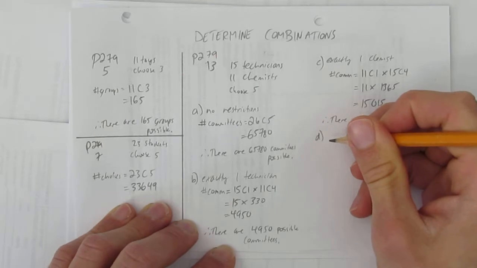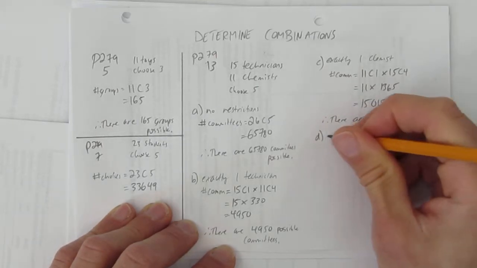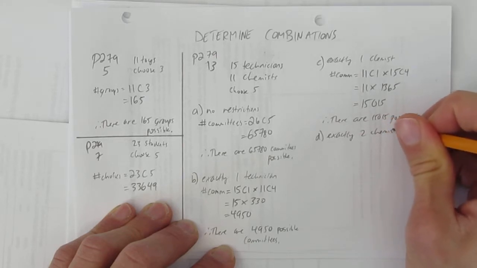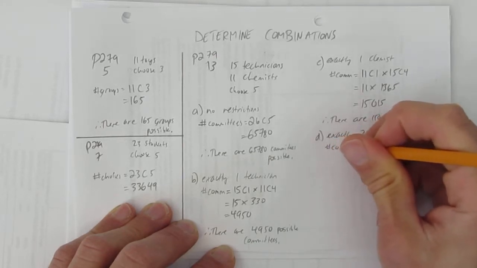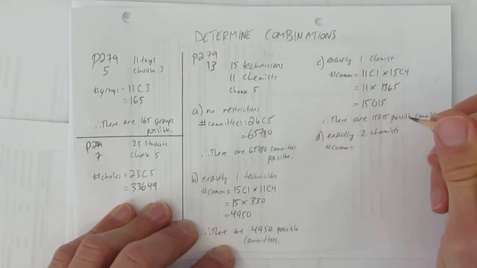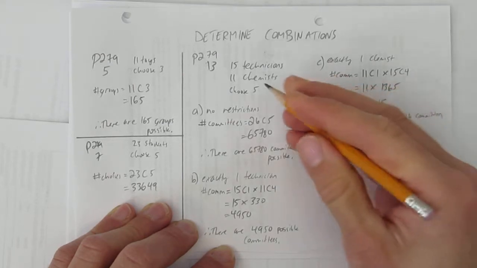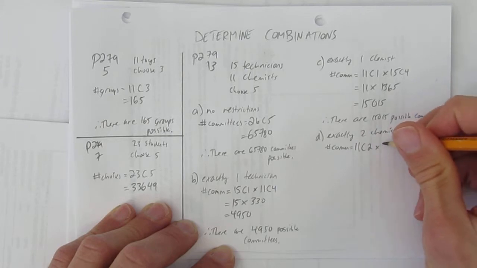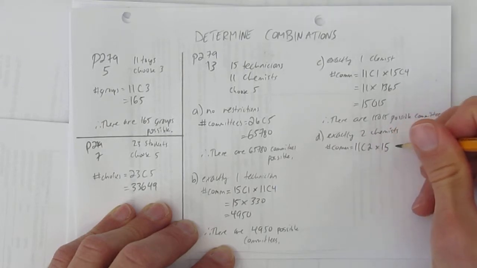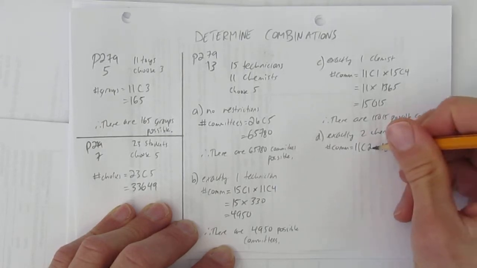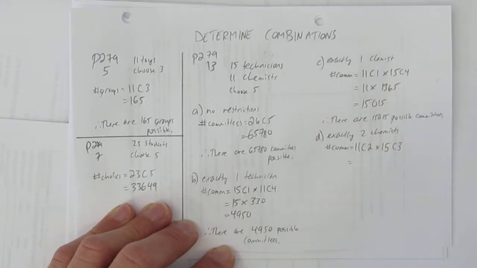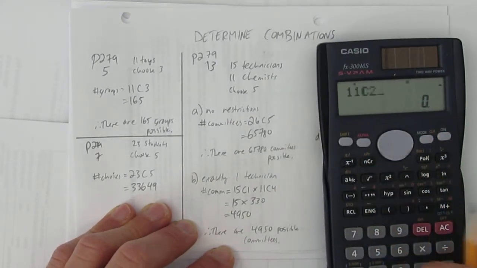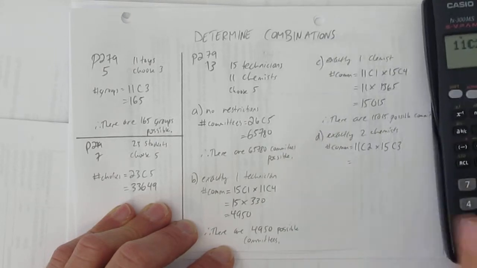Scenario D. Must have exactly 2 chemists. Well, the number of committees this time then is going to be, of the 11 chemists, choose 2, and multiply that by taking the remaining 15 technicians and choosing the other 3, because we need a total of 5. That's 11 choose 2, 55.